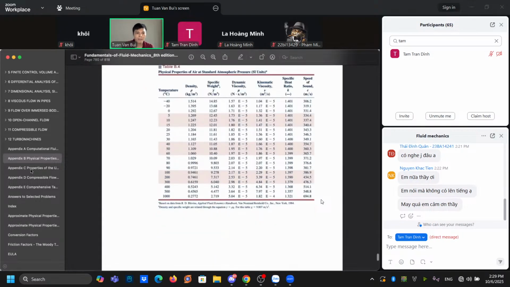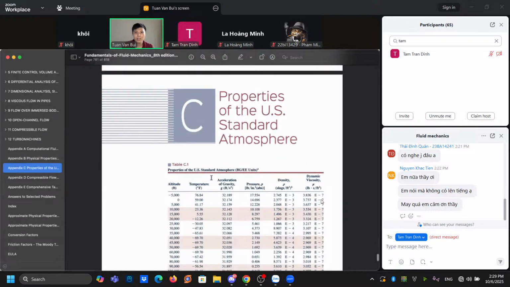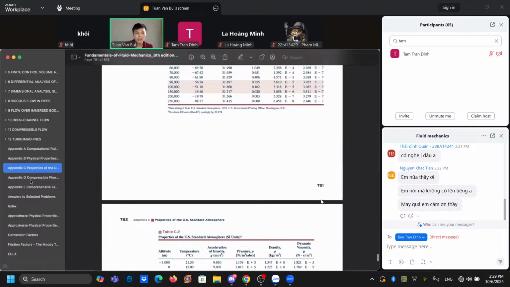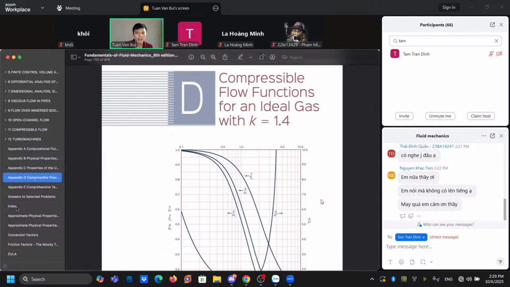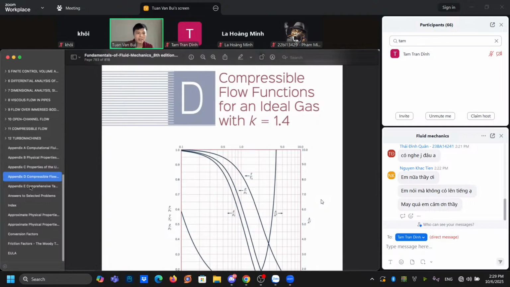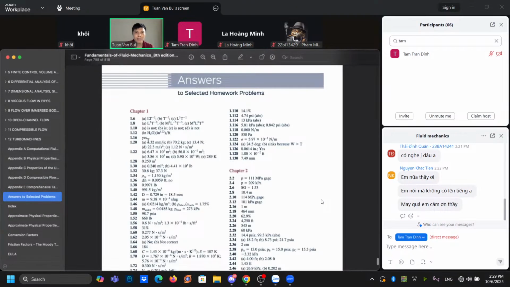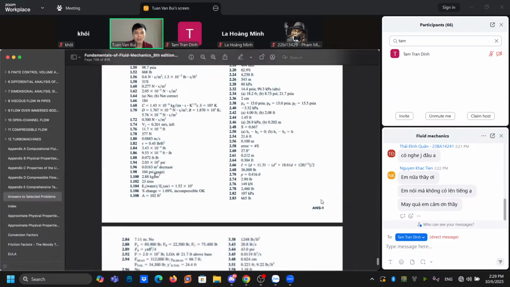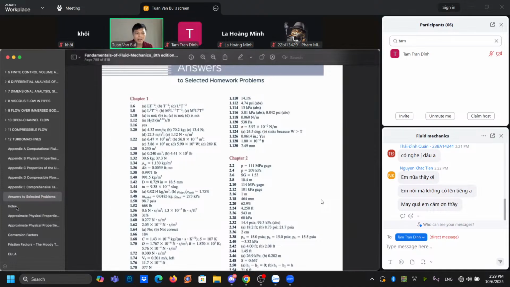In Appendix C you have the properties of the US standard atmosphere, for example, compressible flow functions, ideal gas. Then you also have answers to selected problems, so you can compare your result to these. They give you directly the final answer, so you can compare with that.